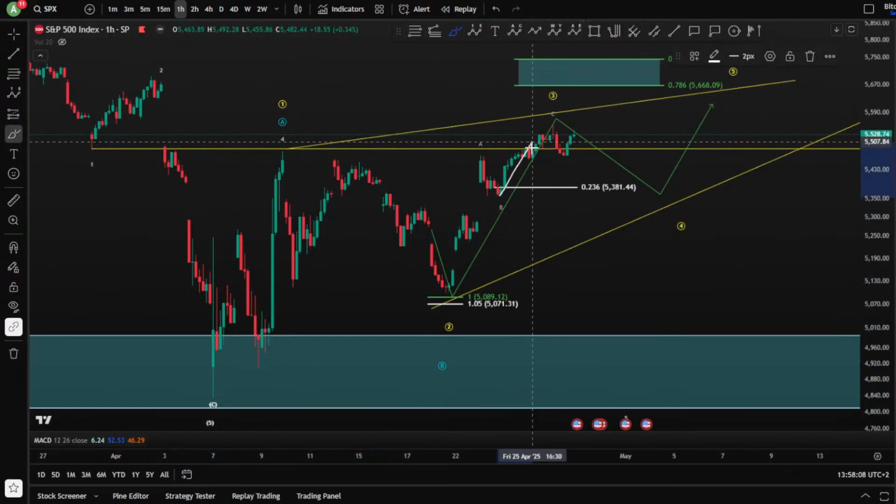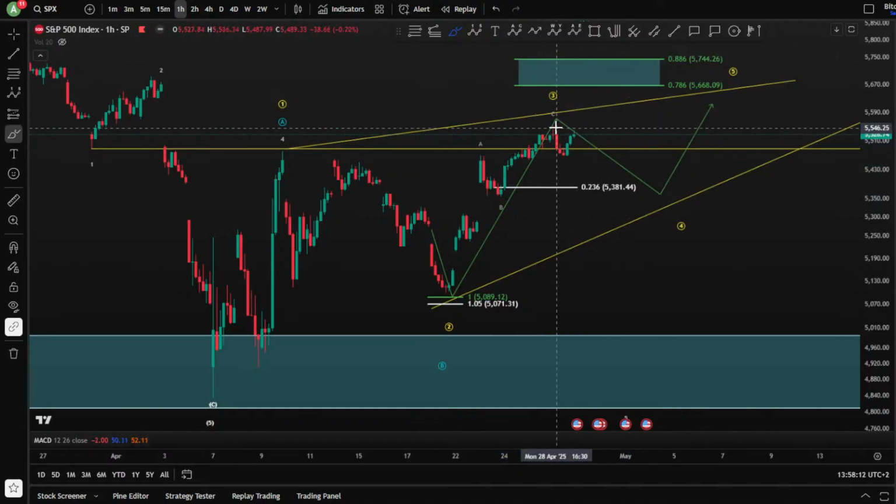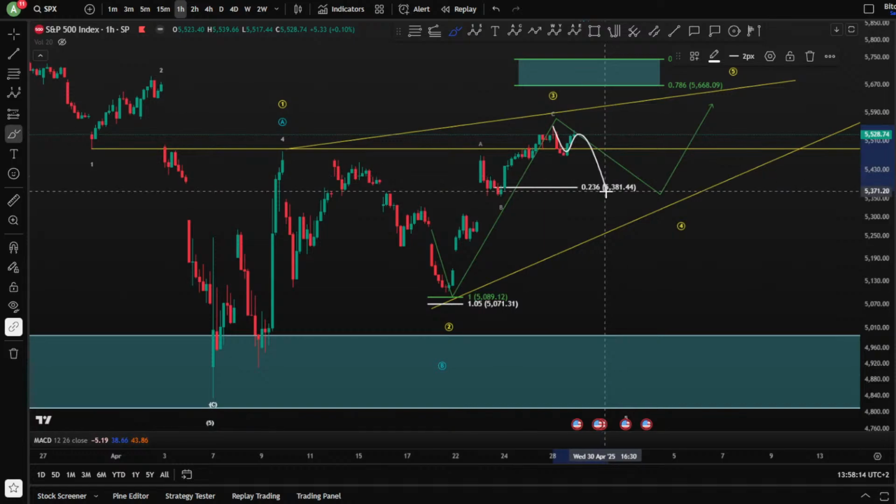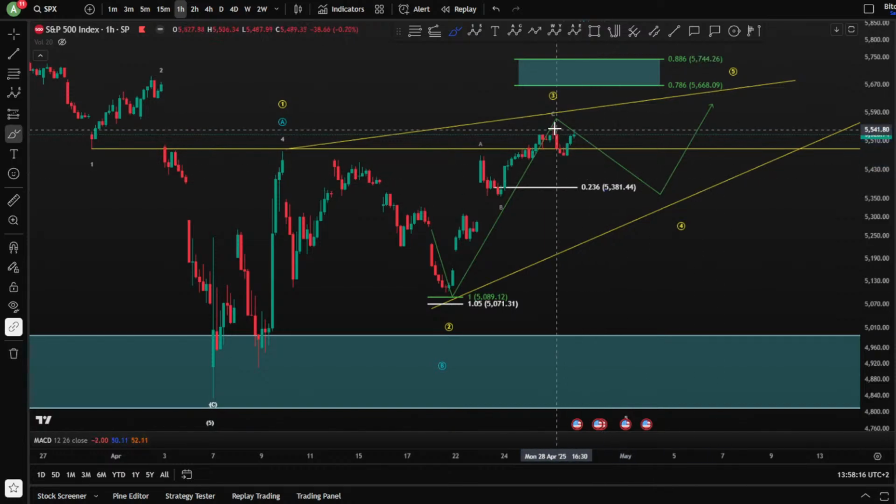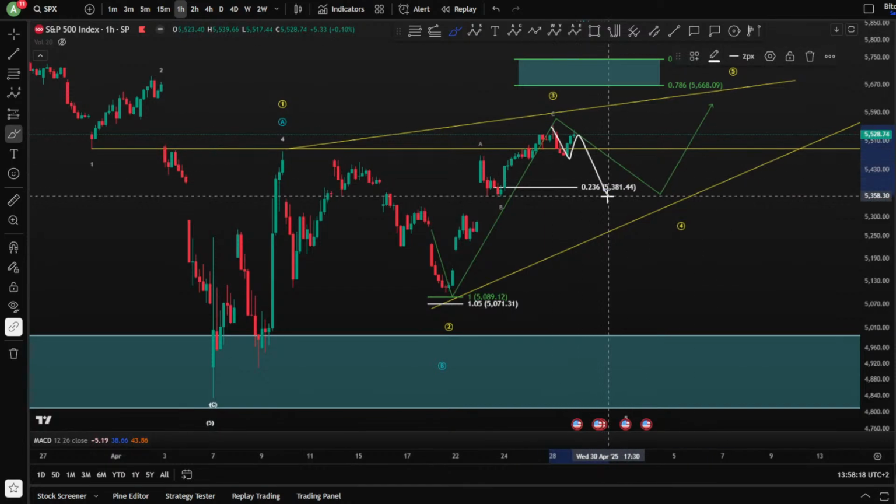Basically, I would say a finished ending diagonal as well. 1, 2, 3, 4, and a 5, or A, B, and a C can be as well. It can be, by the way, this is your A, B, and a C for the wave 4. Nobody knows. You can get a very long wave C to create some FOMO and some fear in the market. We're moving very massively down.